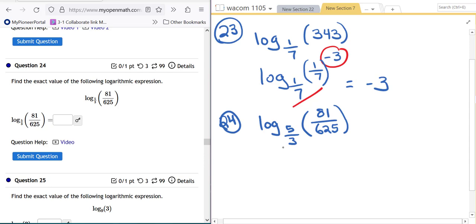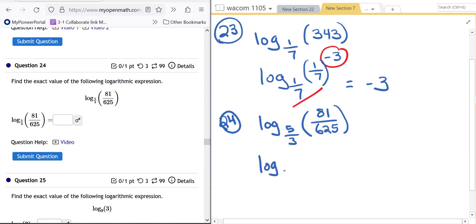We would like to write that as 5/3 to some power. When you try to play with it, you realize that 5 to some power, I'm going to end up with the 625, not the 81. I can't do 5 to some power and get 81. I can do 3 to some power and get 81. So, to make it flip, I'll use a negative exponent.